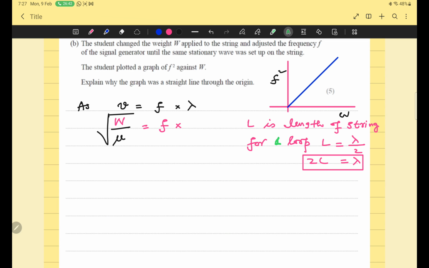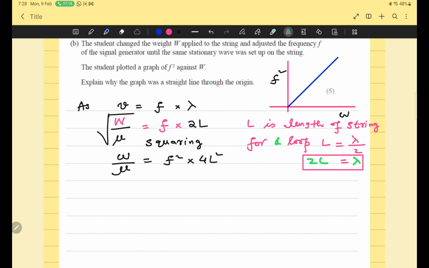If the number of loops is one, then wavelength is equal to 2L. So I am replacing this lambda by 2L. And now I am squaring both sides, and when you square both sides, the square root will be eliminated. Weight divided by mu is equal to f square into 4L square.